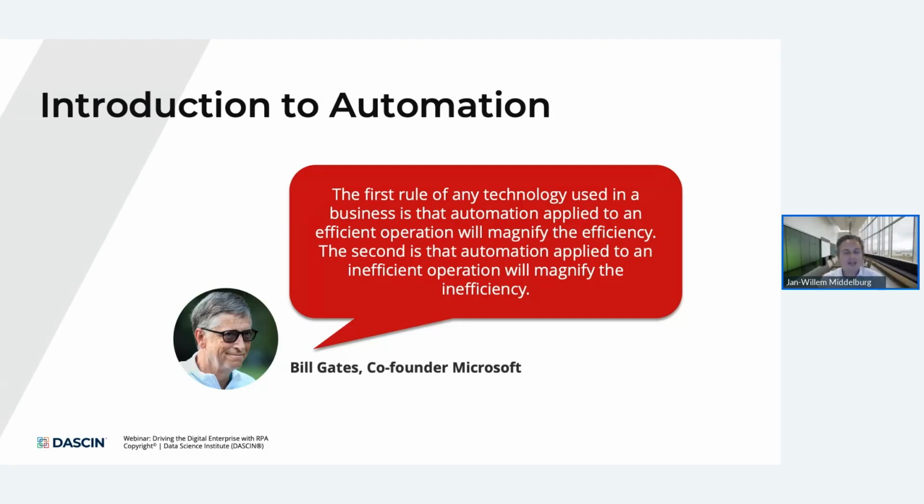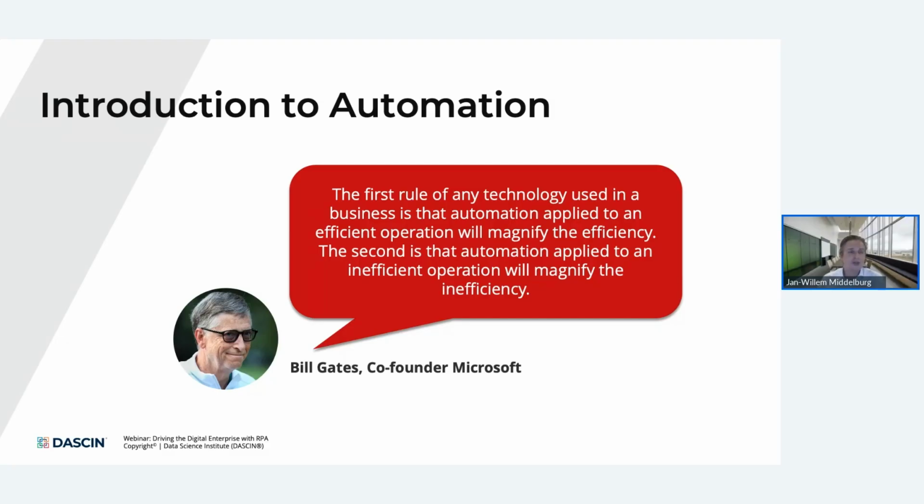Now, you might wonder why I start our presentation today with this quote. The reason is to trigger your mind a little bit, because automation for the sake of automation is not a goal in itself.